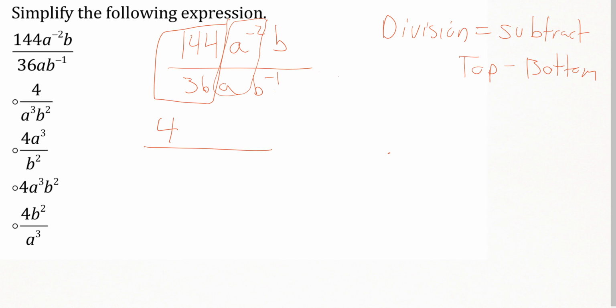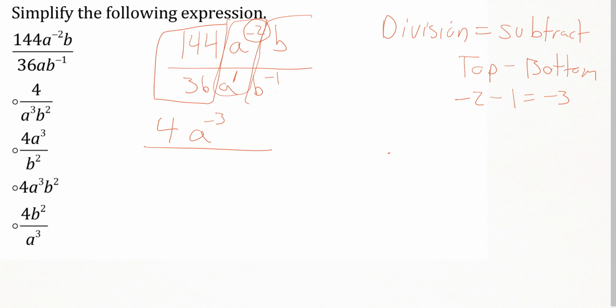For us right now, we have a negative 2 as the top exponent, and on the bottom it's not written, but we really have an a to the first. So the top minus the bottom, negative 2 minus 1, gives us a result of negative 3. The value is going to stay on top, so it'll be a to the negative third on top.